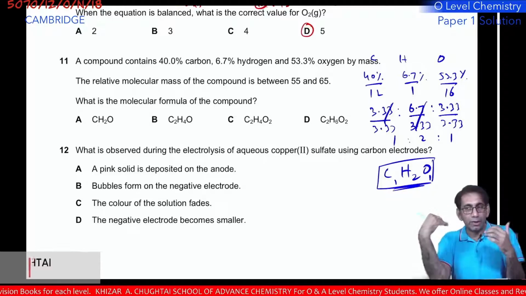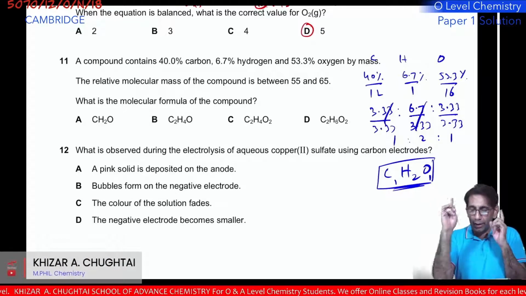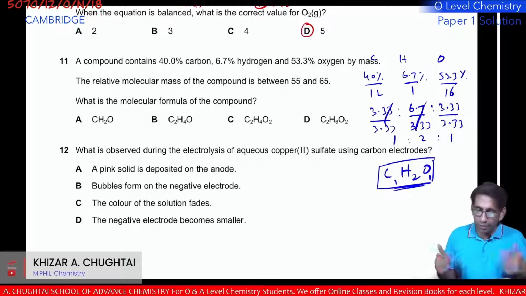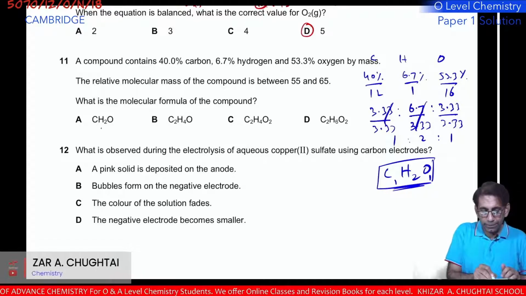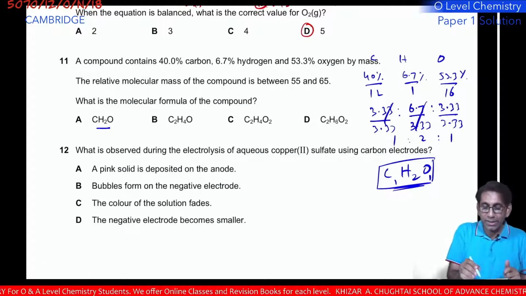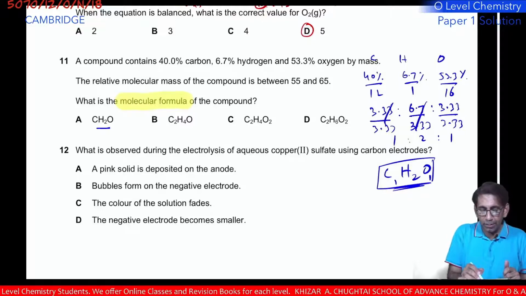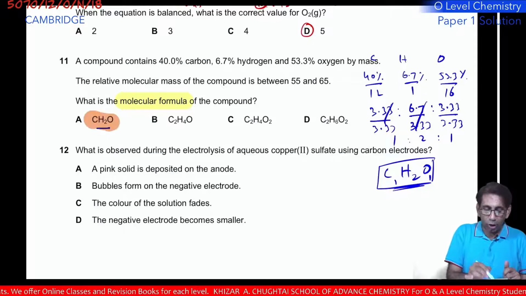I mean, hydrogen is double as compared to carbon, and carbon and oxygen are in an equimolar ratio. So this is the empirical formula, this is not the molecular formula, and he is asking for the molecular formula, right? So this one is not the correct option.